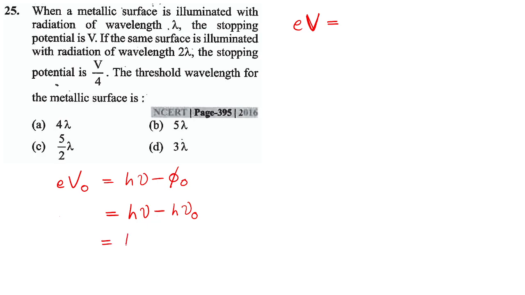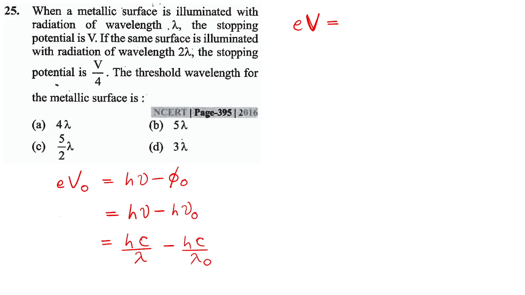You know that mu equals c by lambda, and mu 0 is equal to c by lambda 0. Anyway, you will get two equations.